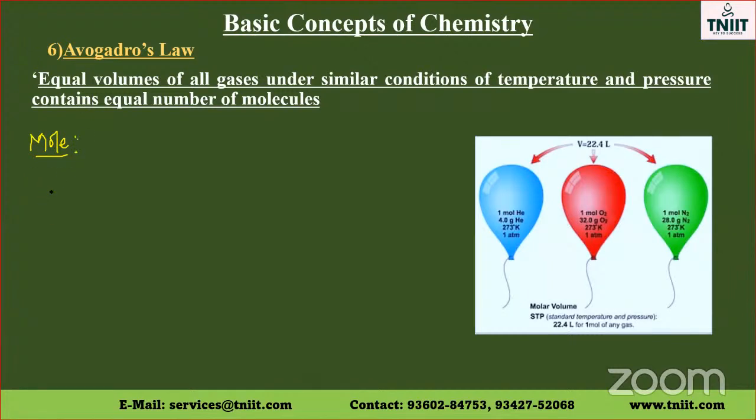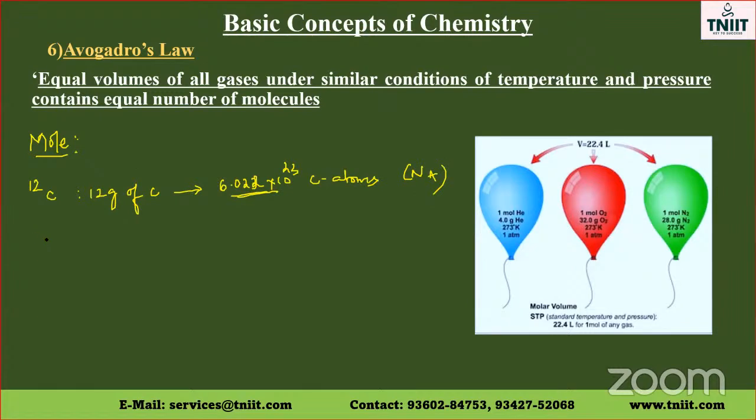For example, if you take carbon, the atomic mass of carbon is 12. So if we take 12 grams of carbon, these 12 grams of carbon will contain 6.022 into 10 to the power 23 carbon atoms. This number is called Avogadro's number. It's represented as Na.